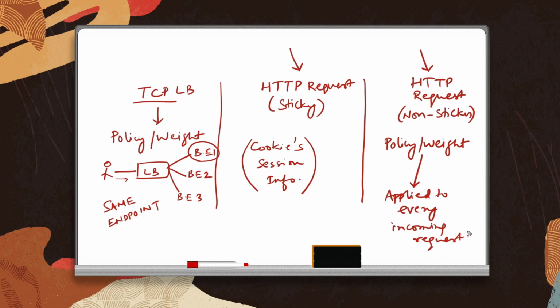So this is the difference. In this case, let's say this is the client and it's sending request 1. It can go to backend server 1 and request 2 can go to backend server 2. So this is what happens in case of a non-sticky HTTP request.